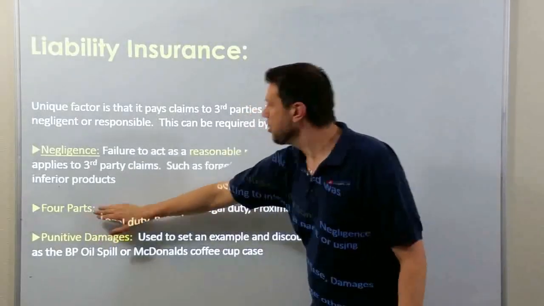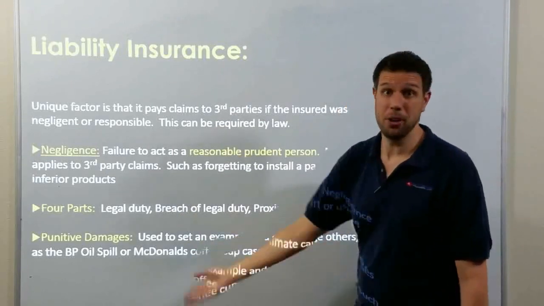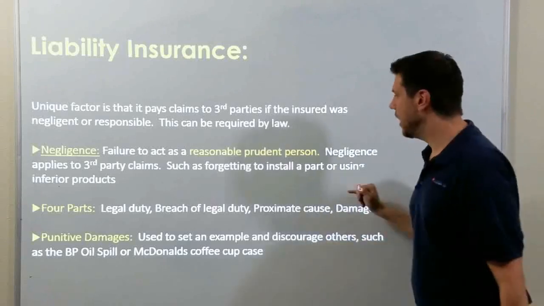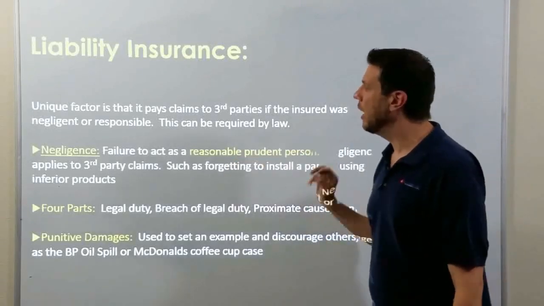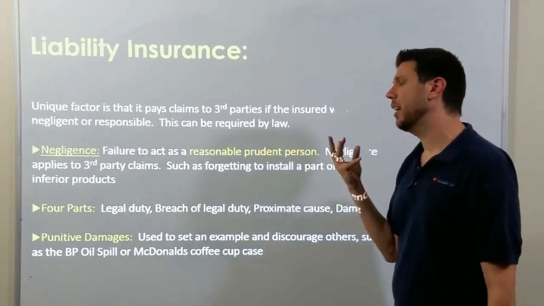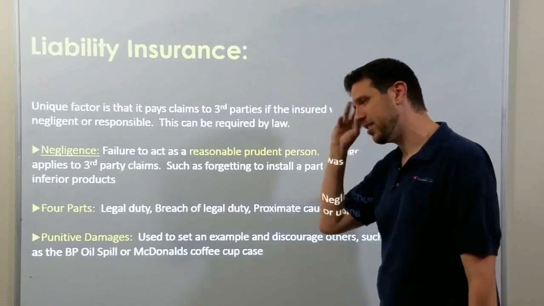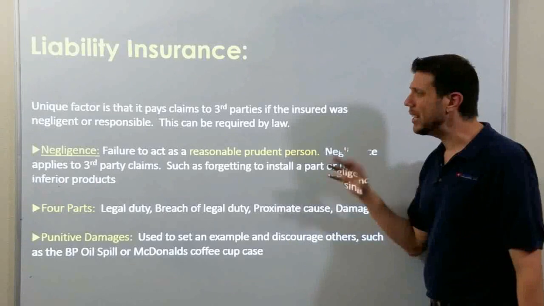Legal duty, yes, you were supposed to install the correct shingles. Breach of legal duty, you installed the wrong shingles. Proximate cause, yes, it was your fault. Damages, yes, the roof is not as good anymore. So negligence can sometimes be not intentional, but it's usually when you forget to do something. It's a thoughtless act.